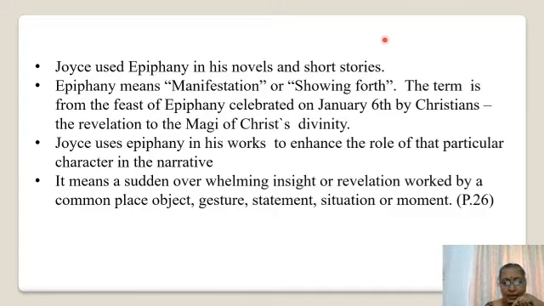So you find that it could be a mere gesture or just an object or a statement or a situation or a moment which transports the person to a certain insight, and that is revealed to him. This gesture or this object is just a starting point, but there he gets an insight, and it is that which we call epiphany.